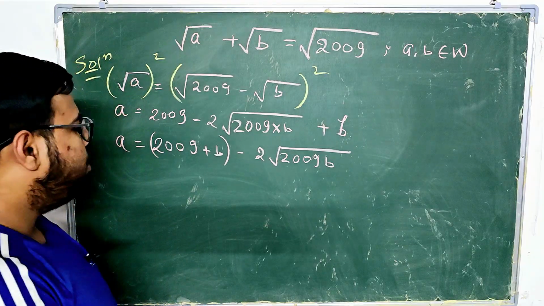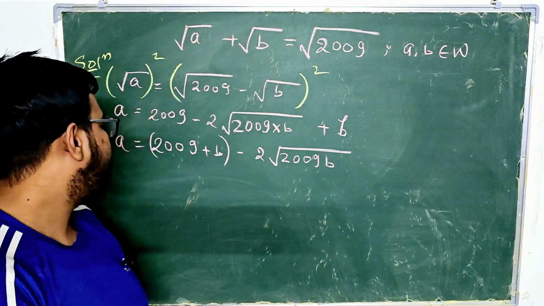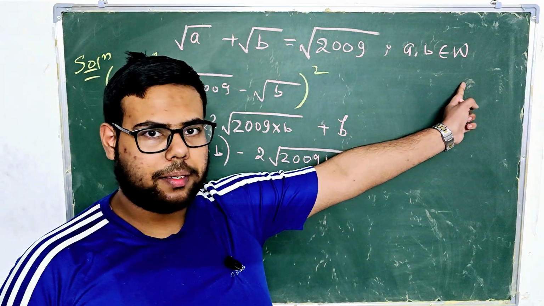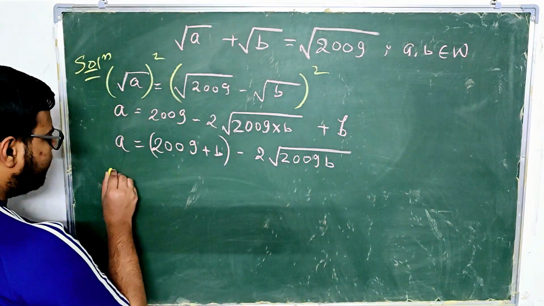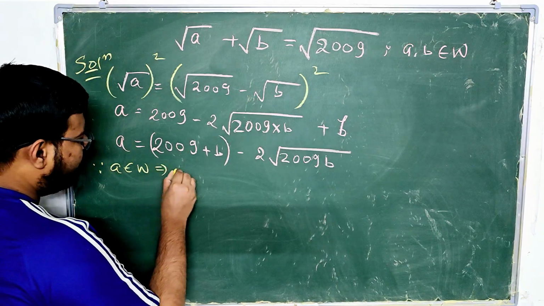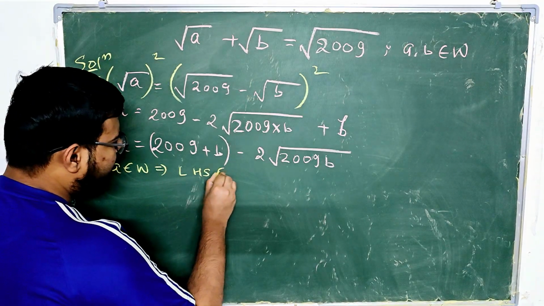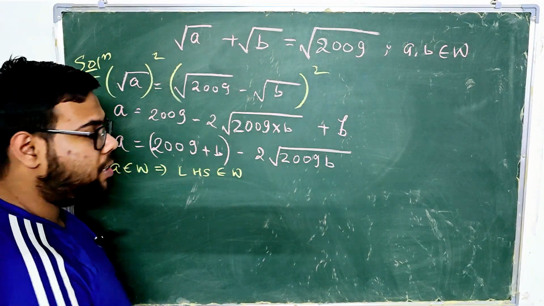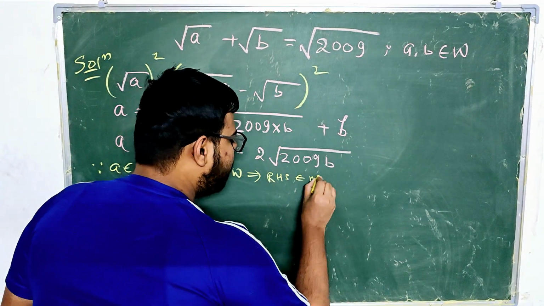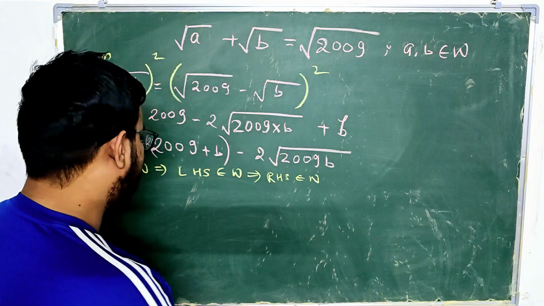Okay. Now notice one thing over here. a belongs to whole numbers, right? It means that, since the LHS belongs to whole numbers, the RHS should also belong to whole numbers.